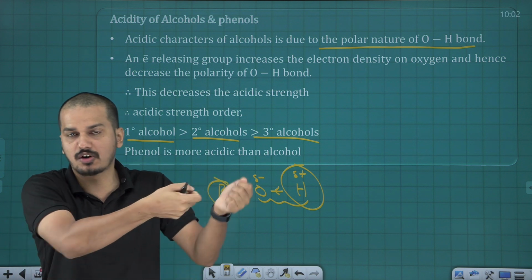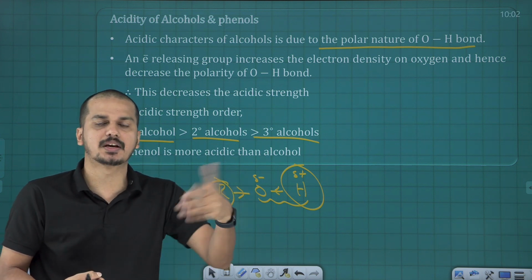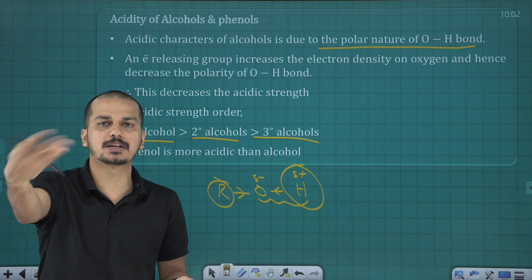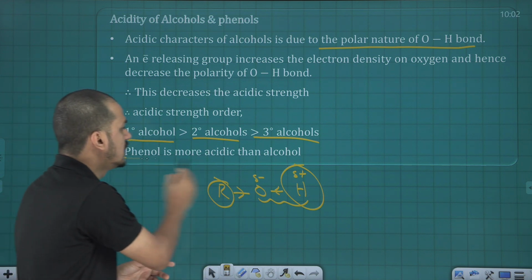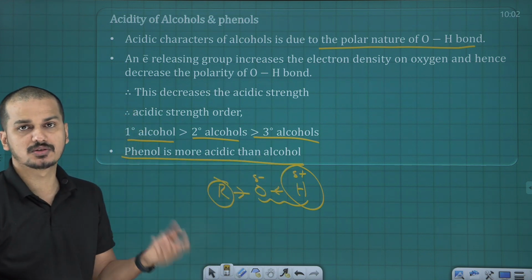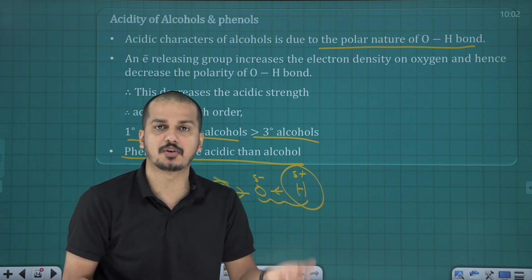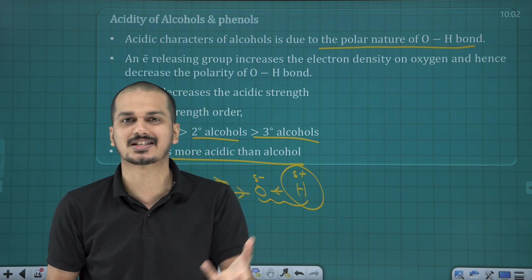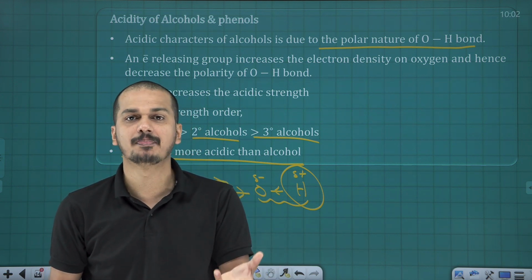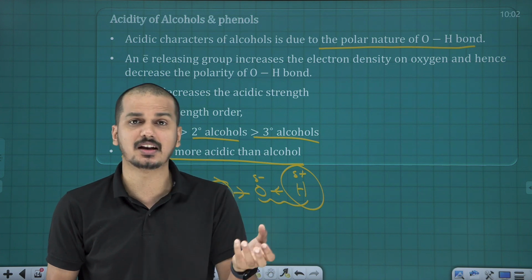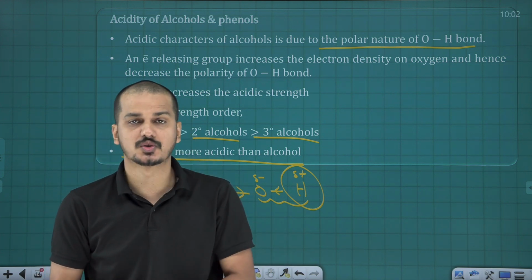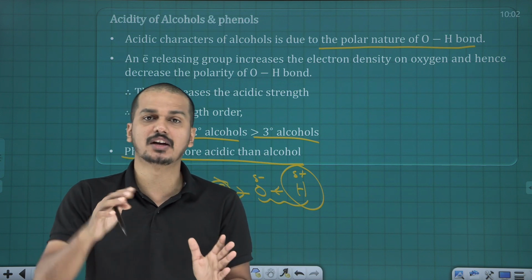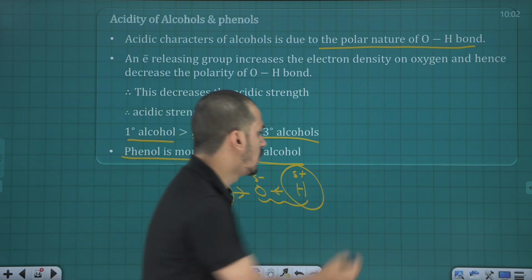Similarly, if there is an electron withdrawing group, the bond will become more polar, that H plus is easily removable, and it is more acidic. Similarly, another idea: phenol is more acidic than alcohol because whenever that H plus goes, a phenoxide ion is formed. This phenoxide ion is more resonance stabilized. The phenoxide ion is more stable than phenol, so phenol will always try to lose that H plus and form the phenoxide ion.